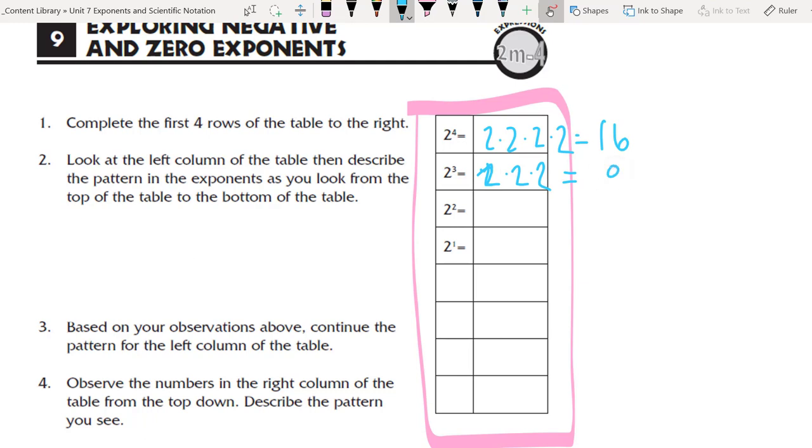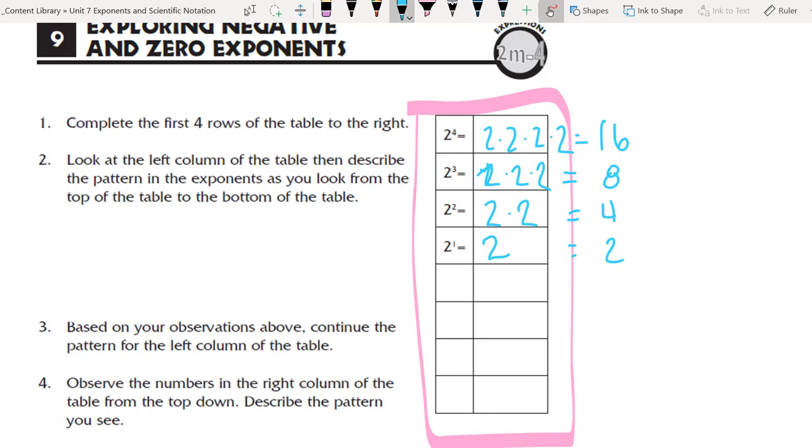If I evaluate that, that would be 8. 2 to the 2nd would be 2 times 2, which is 4. So looking at this pattern, 2 to the 1st would be 1, 2, and it has a value of 2.